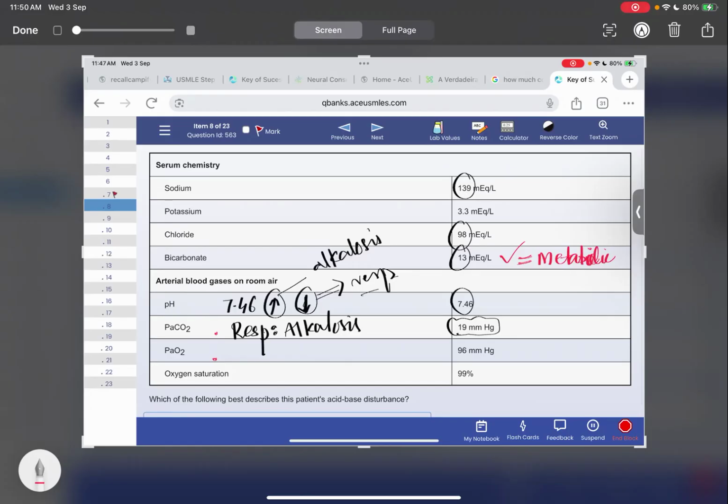It's always acidosis. So the pH is 7.46, but we say it's acidosis. Why? Because it is not the compensation, and we will discuss why it's not the compensation.